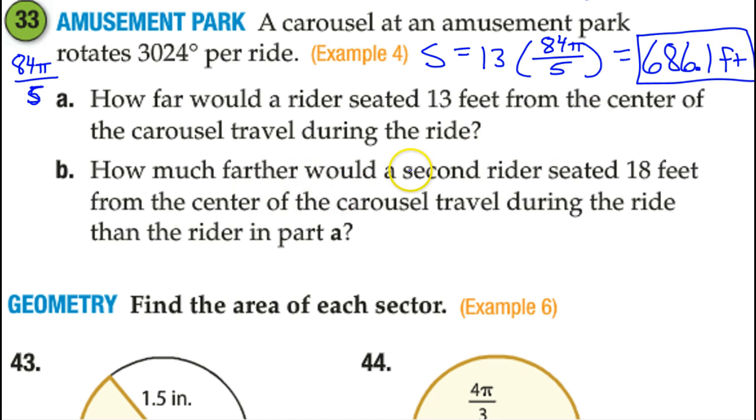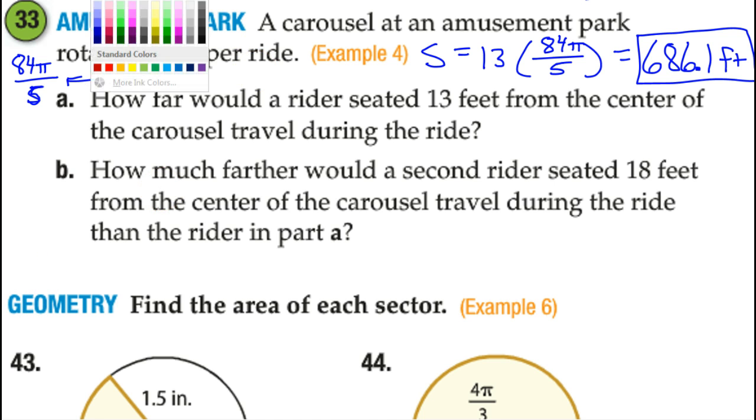Okay, how much further would a second rider seated 18 feet from the center of the carousel travel during the ride? Well, this will be relatively easy because we already did the work of converting 3024 degrees into radians, so we don't have to do that again.